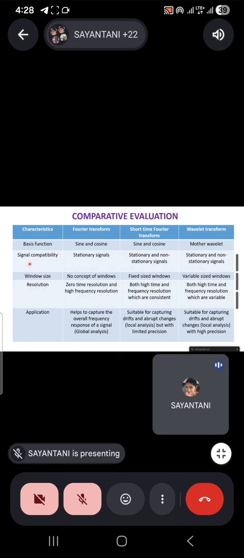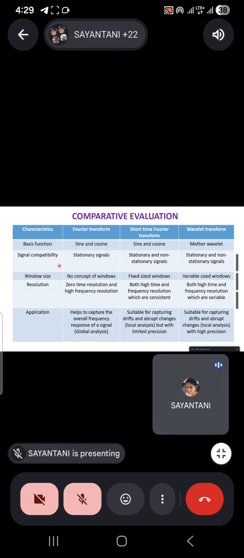Now, signal compatibility. Of course, as we have discussed, the Fourier transform is more compatible with stationary signals. The short-time Fourier transform and wavelet transform can of course be applied to stationary signals, but they have been built for handling the characteristics of non-stationary signals, which is EEG signals in our case.